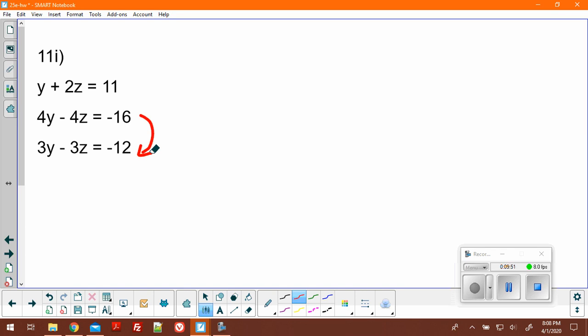It's not totally obvious, but if I divide that first equation by 4, I get y minus z is equal to negative 4. And if I divide the second equation by 3, I also get y minus z is equal to negative 4. So this is actually a system of two planes, where one of them is this same plane. So that means these two planes should intersect in a line. That's really what I'm going for here.